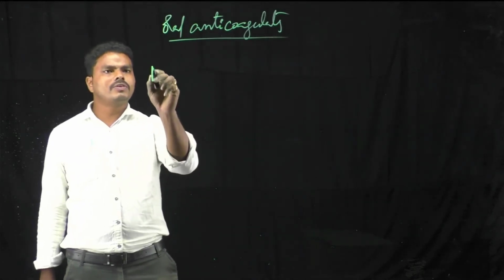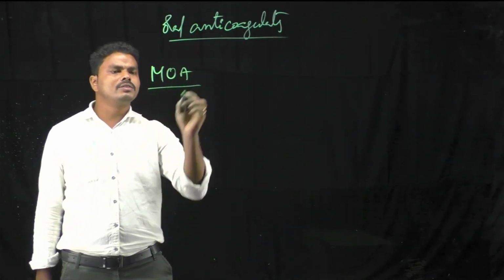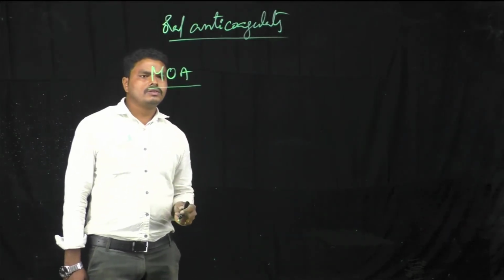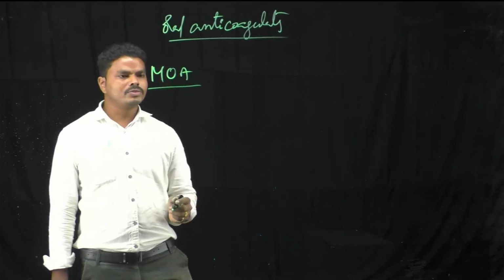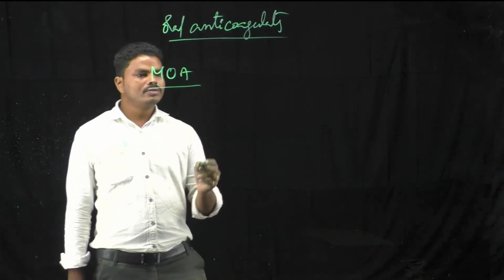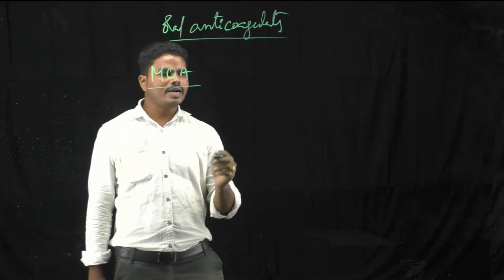Coming to the mechanism of action of these 1,3 indandione derivatives like anisindione, it can reduce the activity of prothrombin.